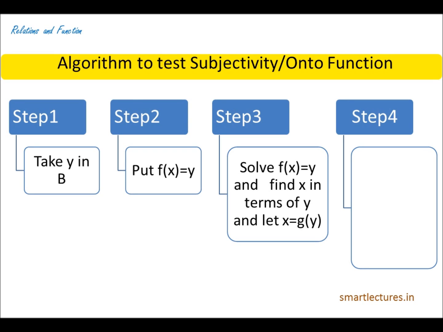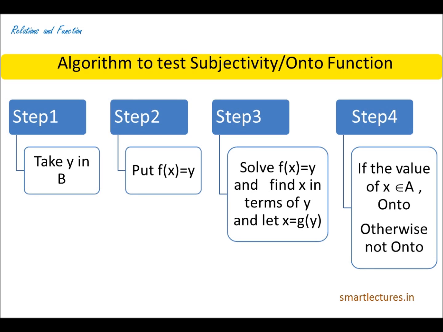And in the final step, we check if for all values of y from set B, the values of x which we get from x is equal to g of y are in set A or not. If the values are from set A, then it is an onto function. But if there are some values in set B for which x, and remember x is equal to g of y, is not from A, then this is not an onto function.